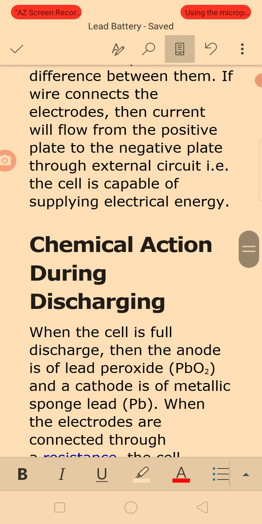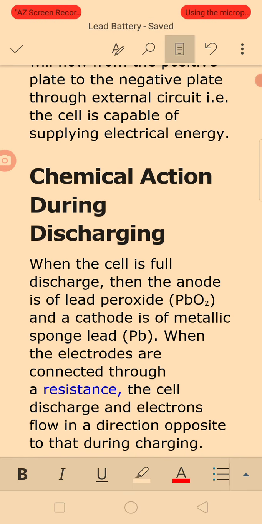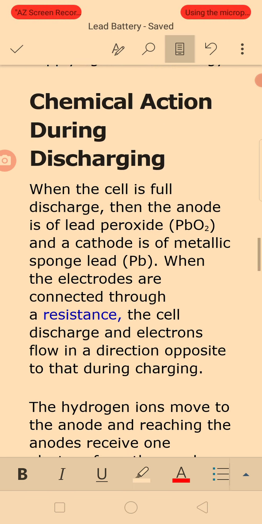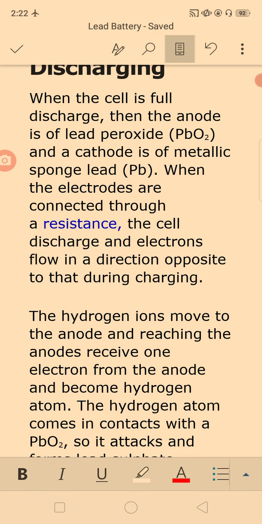Chemical reaction during discharging. During discharging, lead peroxide and sponge lead are the electrodes which are connected. When they discharge, hydrogen ions move toward the anode and, reaching it, receive one electron and become hydrogen atoms. The hydrogen atom comes into contact with PbO2.